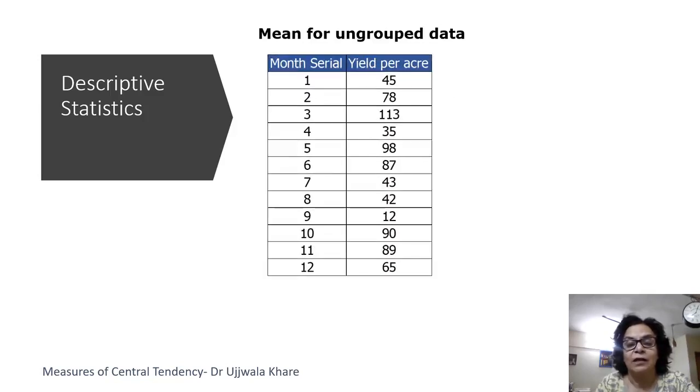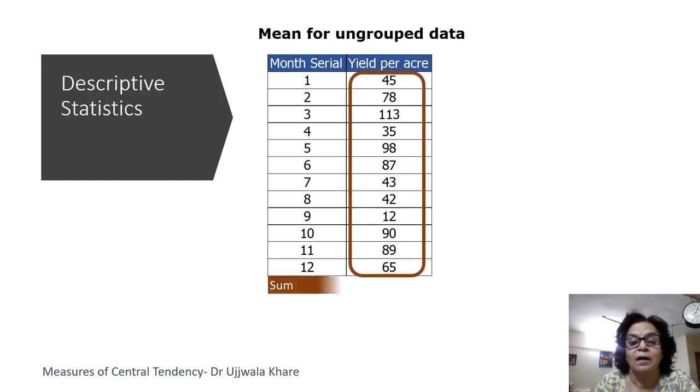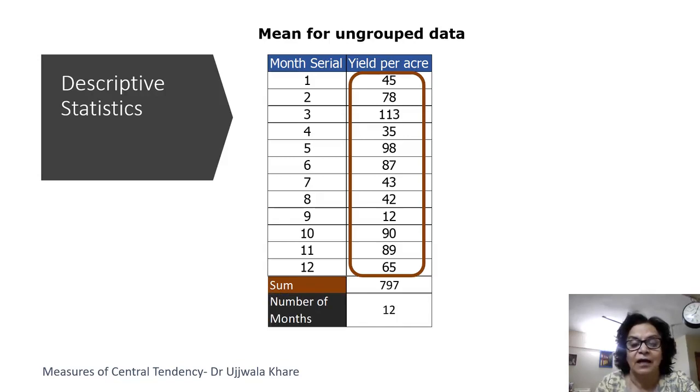Whereas if you look at ungrouped data in this example, we can see here that the 12 months are given and the yield is given for these months for a particular crop. So firstly we have to find out the total or the sum, that is 797, and the number of months is 12.